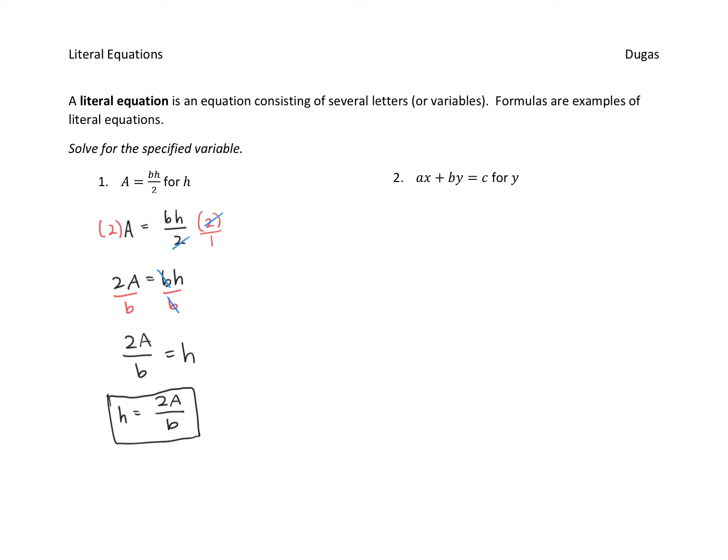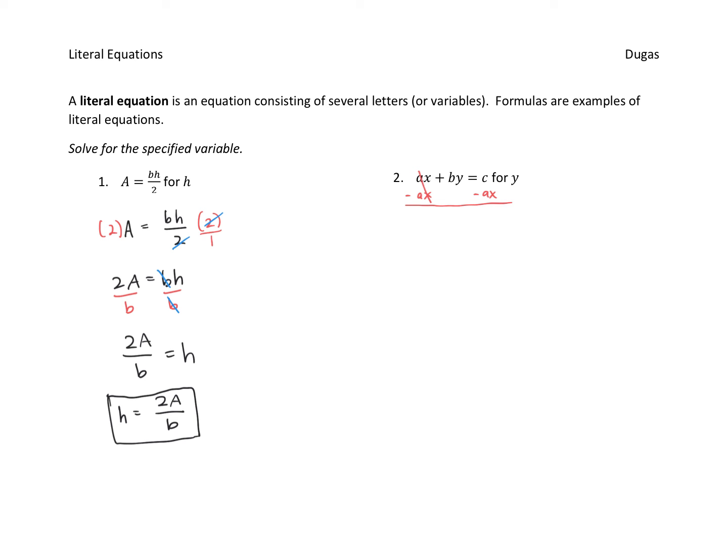So we have AX plus BY equals C. When you're solving an equation, you undo addition and subtraction before you undo multiplication and division. So we have this AX that we need to get rid of first. So we will subtract AX from both sides of the equation.